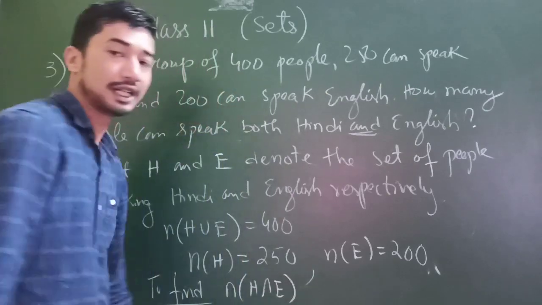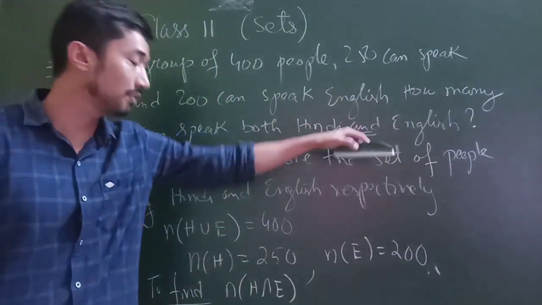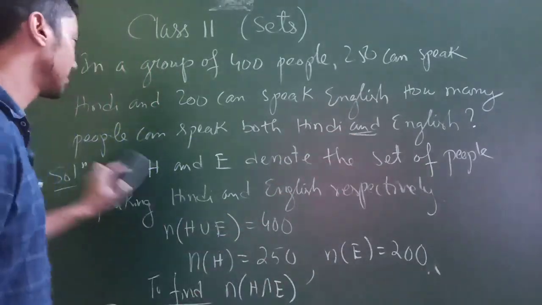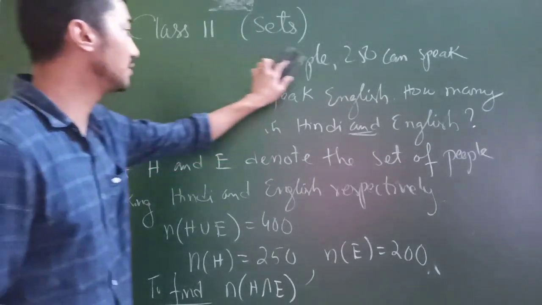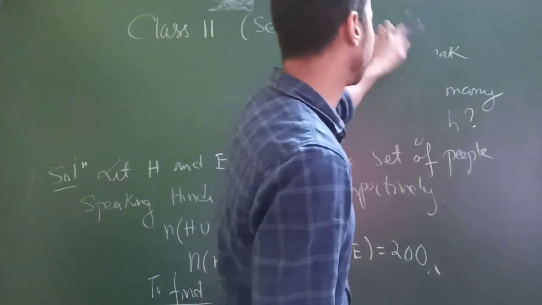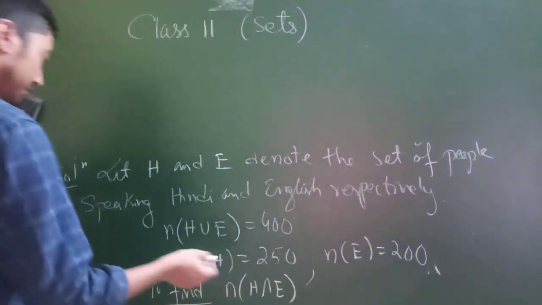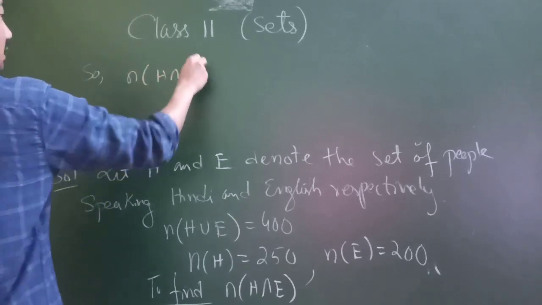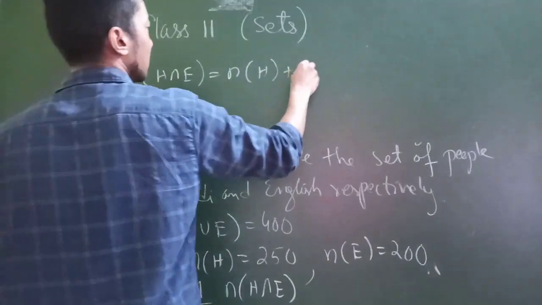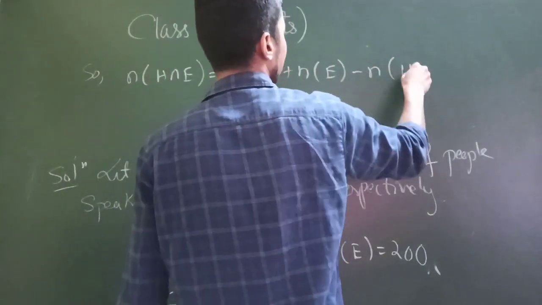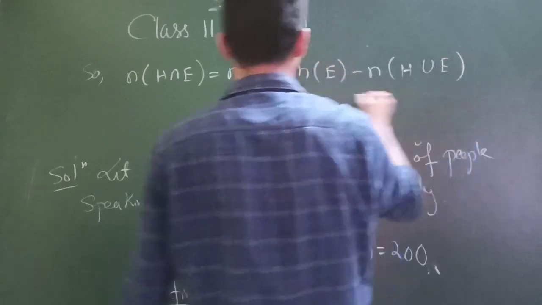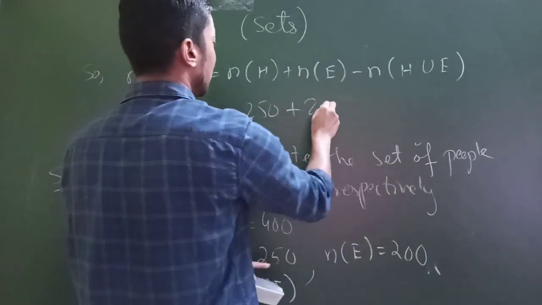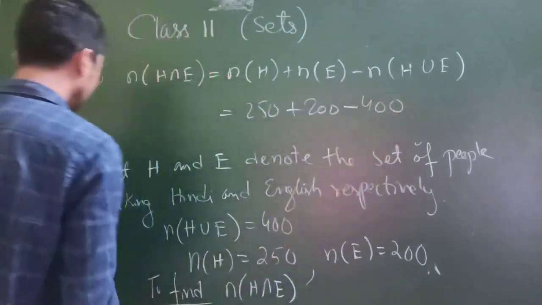In my previous videos, I have already explained that and represents intersection, or represents union. Those who are regularly following my videos will understand why. If not, please go through the previous videos also. So let's find out directly: the number of elements in H intersection E will be H 250 plus E 200 minus 400.